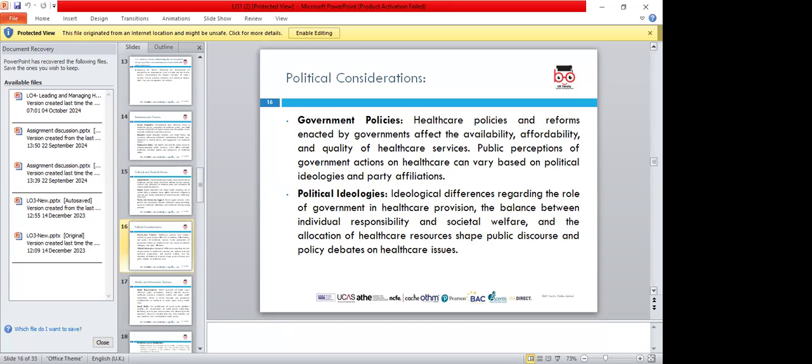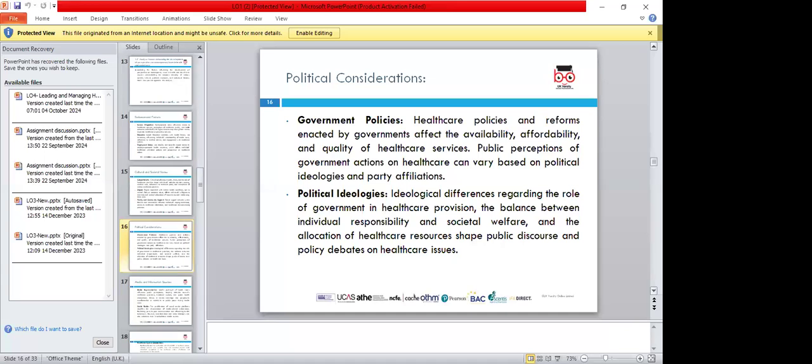But public perceptions of government actions on healthcare are very much based on political ideologies and party affiliations, of course. So if they feel that the policy that has been made, people of the same party affiliation or leaders, when they have ailment, they travel abroad for treatment, isn't it? It can affect.